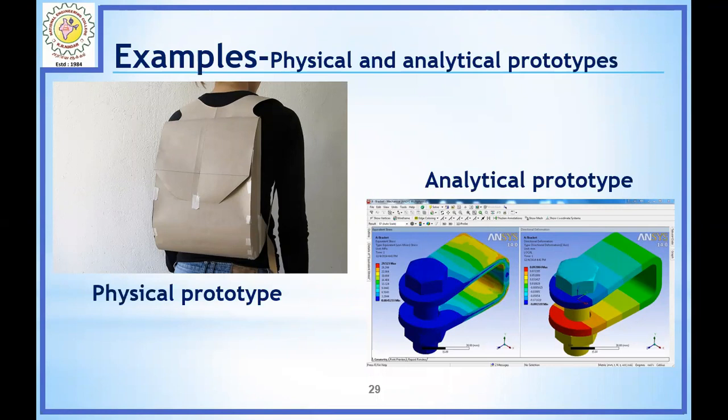Analytical prototypes are, before manufacturing a particular physical product, the researchers develop the same in computer software with some modeling packages, and they apply the actual load virtually. By using these analytical software packages, we can predict the strength of the particular elements before we use them.